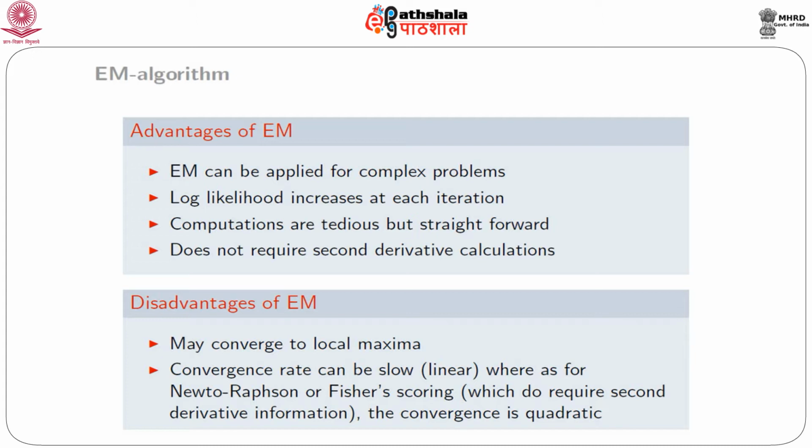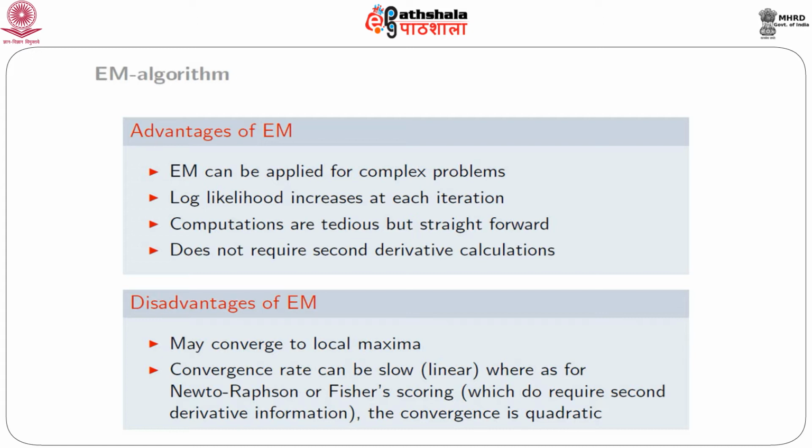Having said that, we just want to point out that there are certain disadvantages of the EM algorithm also. It is not that EM is absolutely free of disadvantage. The first disadvantage is that the EM may converge to local maxima.